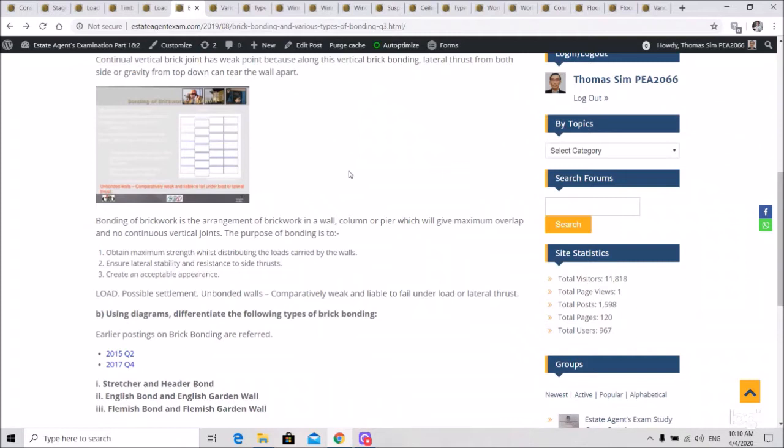A lot of the time we can understand the topic, but the problem is writing it out, especially since we are not writing this type of construction terms every day. Bonding of brickwork is the arrangement of the brickwork in a wall, column, or pier which gives maximum overlapping and no continuous vertical joint. The purpose is to obtain maximum strength for the load carried by the wall, ensure lateral stability and resistance to side thrust, and create an acceptable appearance.